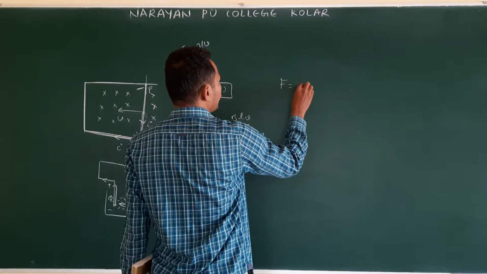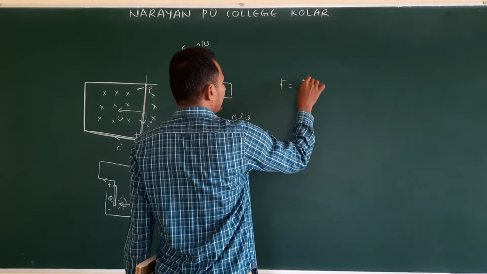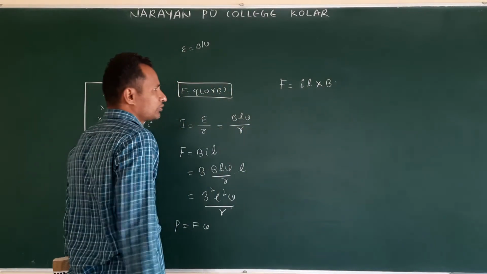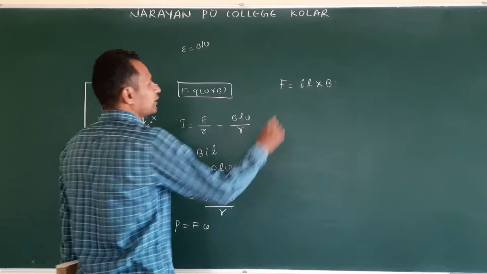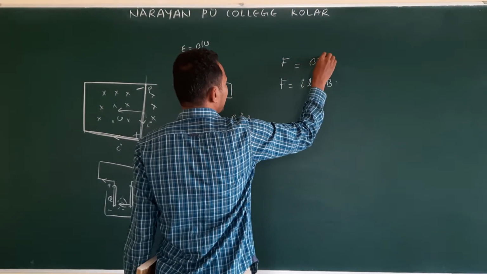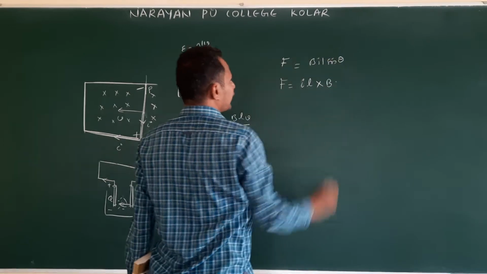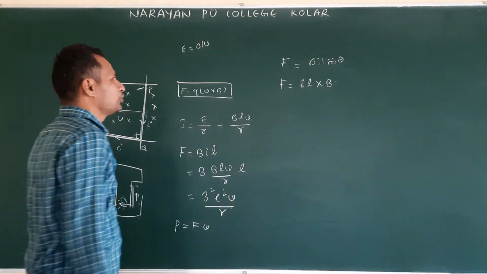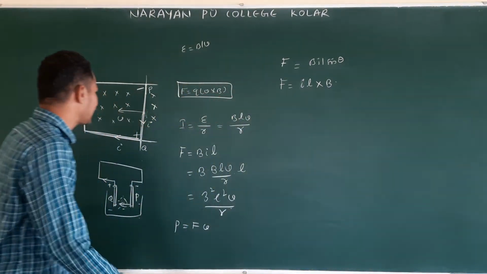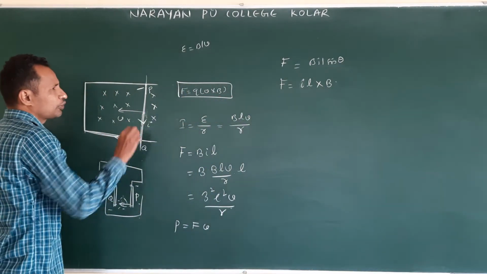F is equal to I L cross B. This is the cross product formula. Otherwise, we will write it like this: BIL sin theta, the general formula. So we need to do the cross product of the current element into the magnetic field. What is the current element? The current element is acting downwards.